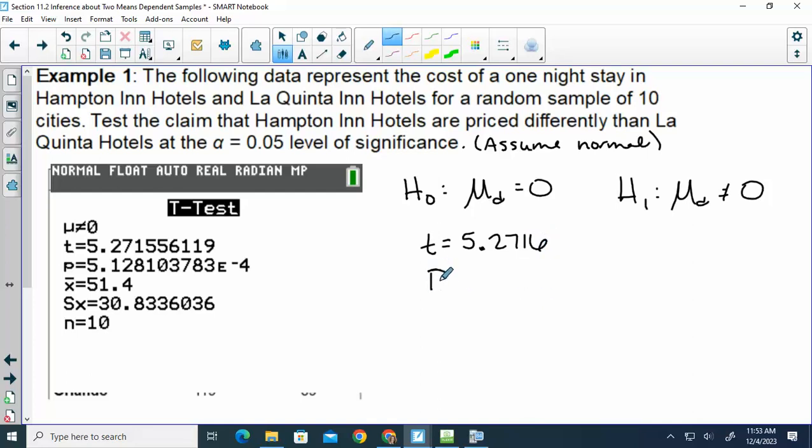And our probability, it has e -4, so you move the decimal back 4 places. Everybody get those? Then how do we tell if we reject or not?